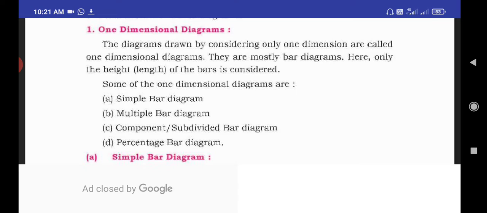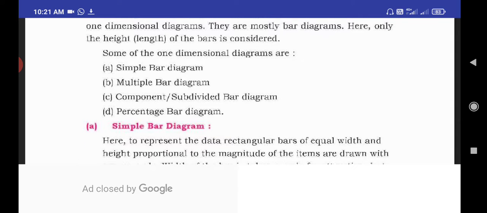diagram. In one dimensional diagrams, we have different types. Some of the one dimensional diagrams are: first one is simple bar diagram, second is multiple bar diagram, third is component or subdivided bar diagram, fourth is percentage bar diagram.